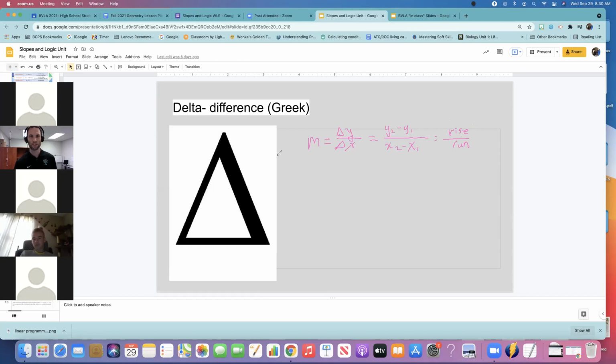Slope is a really easy concept, but we say it so many different ways that it's easy to be overwhelmed. What we're going to do is start with 2 points and find that m, the slope.